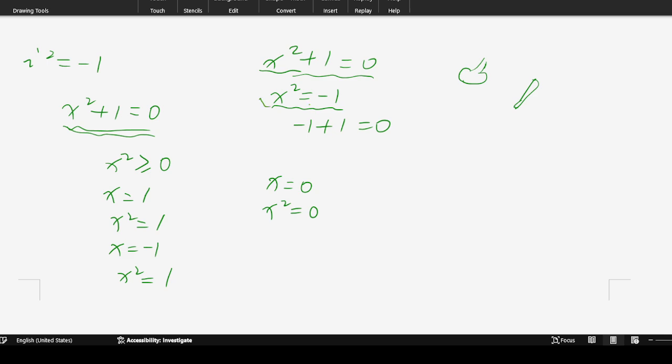So scientists make this definition to make this equation work. Then they find this definition is super useful.